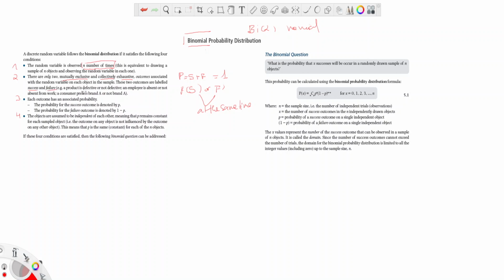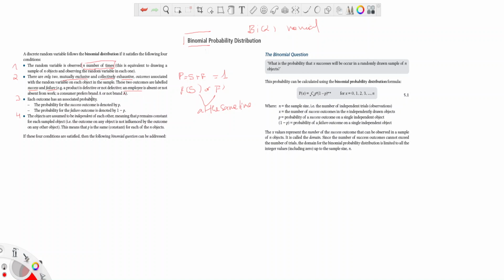For instance, if you're working in a factory, it's either the product is defective or it's not defective, nothing in between. When you're looking at a work situation, an employee is absent or not absent from work. There's nothing in between.